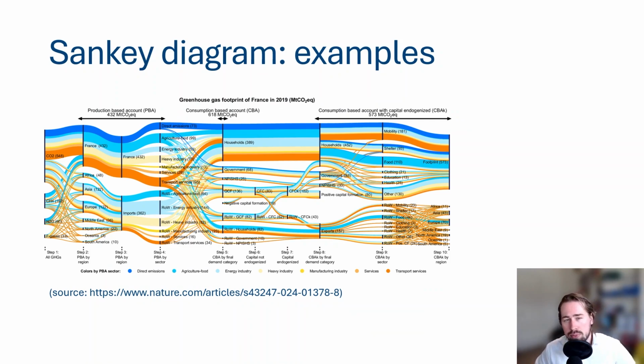This is, for example, for the greenhouse gas footprint with all the different sources and where they're produced, etc. So these type of Sankey diagrams are really insightful in order to visualize how your energy, how your materials, how your emissions flow through a whole system.